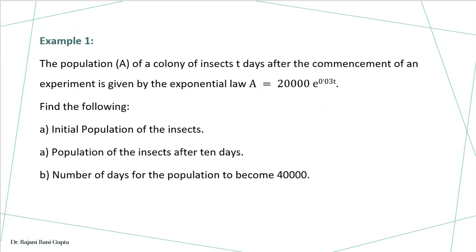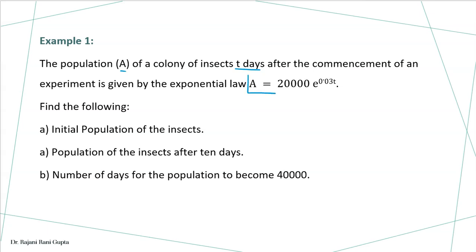The population, denoted by A, of a colony of insects t days after the commencement of an experiment is given by the exponential law A equals 20,000 e power 0.03t.